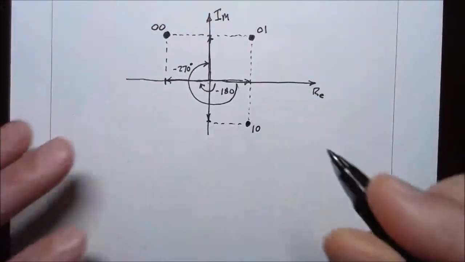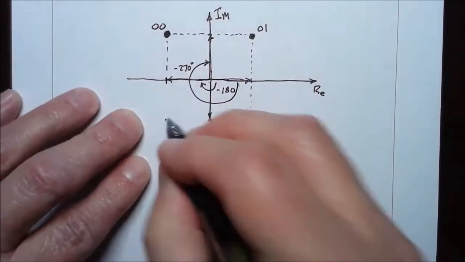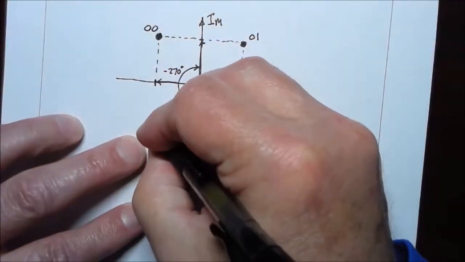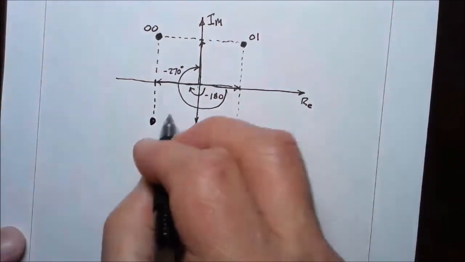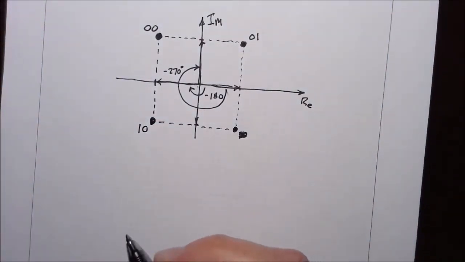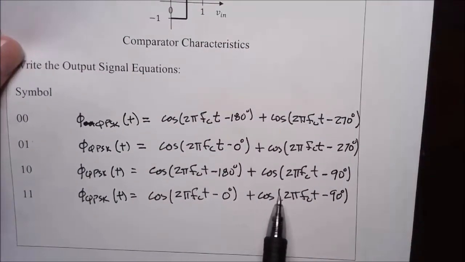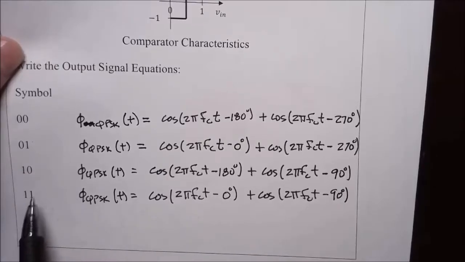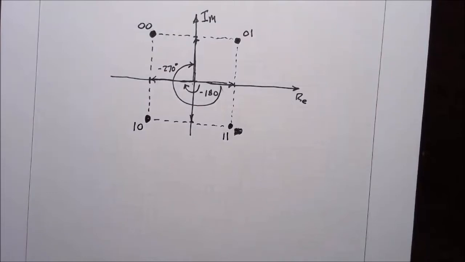So this is not 1, 0. 1, 0 is right here. I knew I could hear you yelling. I could hear you all screaming. You got the wrong one. So this is 1, 0, and the final point in the constellation diagram, 1 with an angle of 0 plus 1 at an angle of minus 90 corresponds to 1, 1. This is 1, 1. Okay.